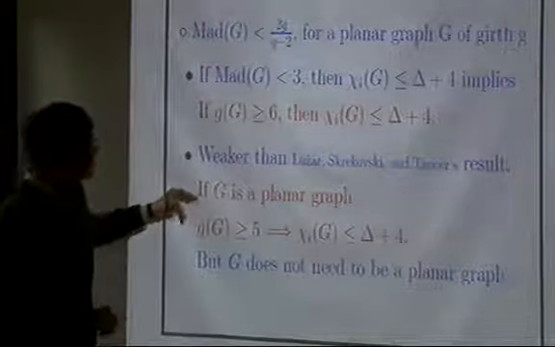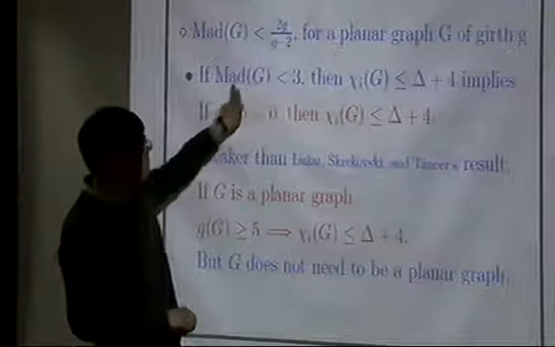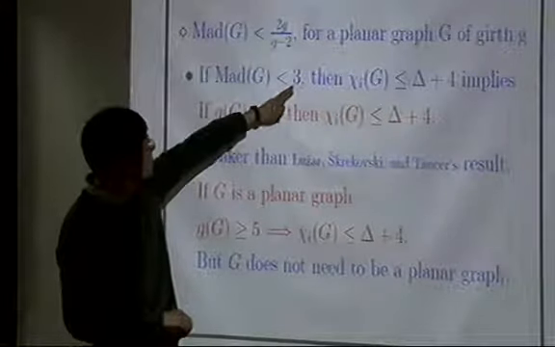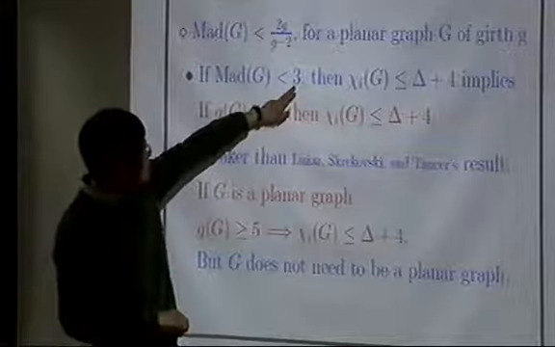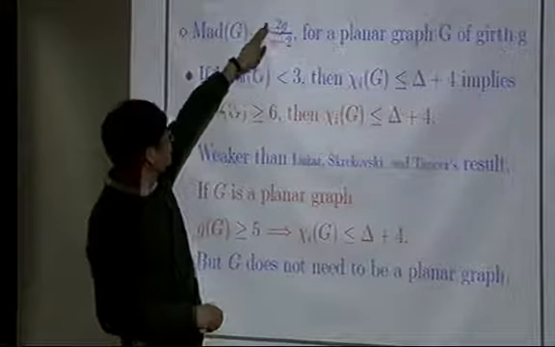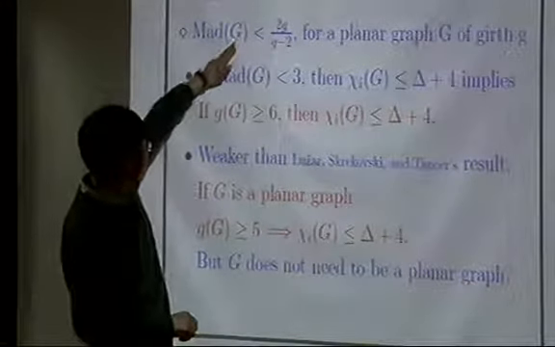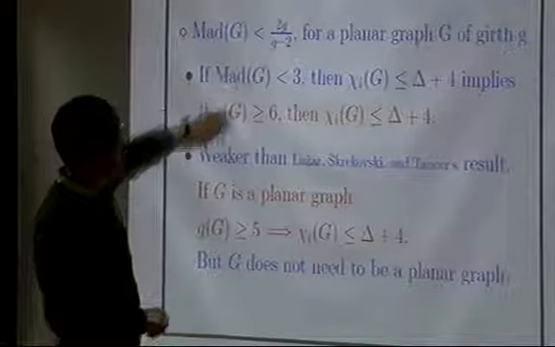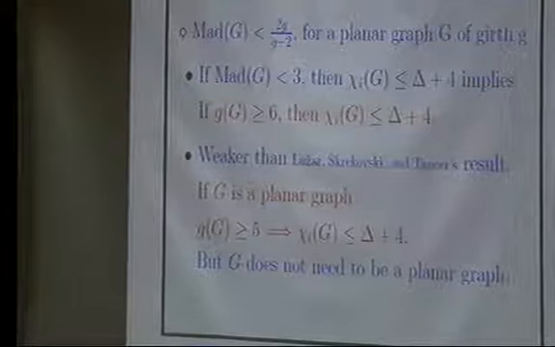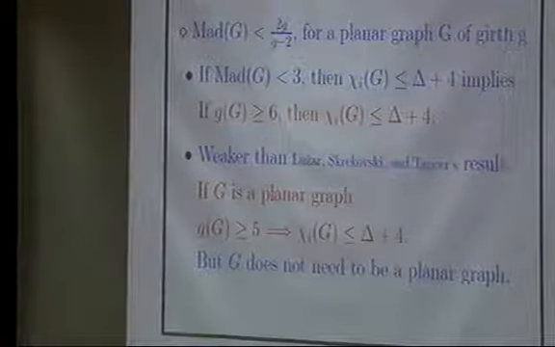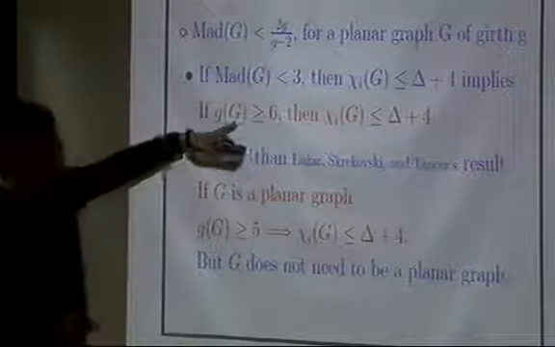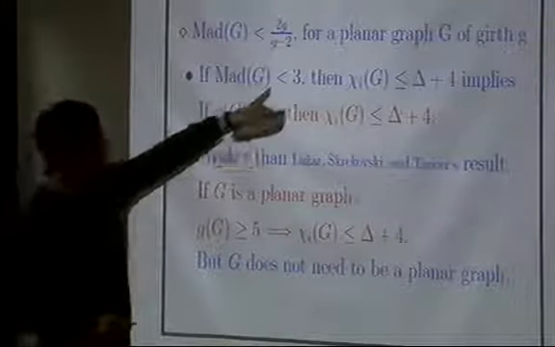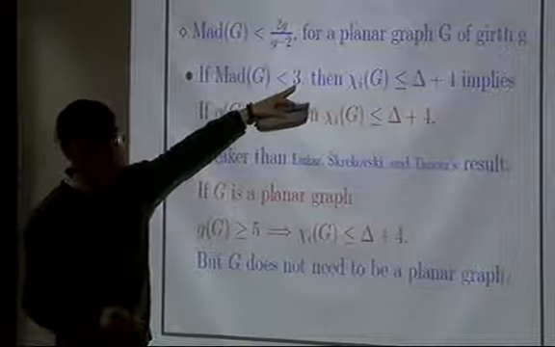For instance, if maximum average degree is 3, then just plug in 3. Then what is the smallest girth for the maximum average degree to be at most 3?